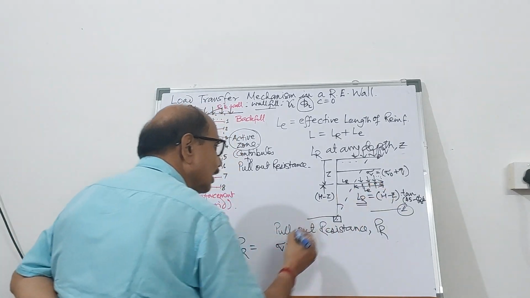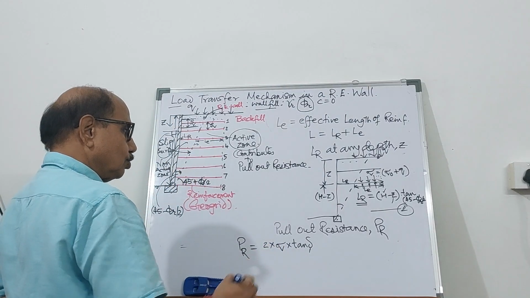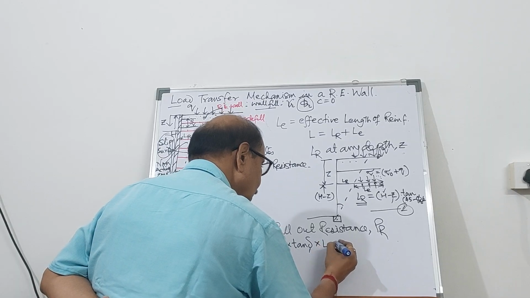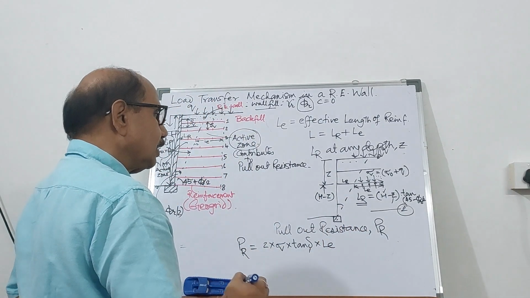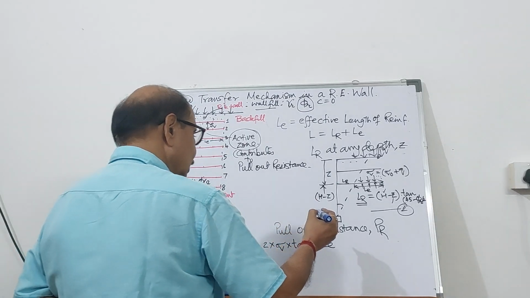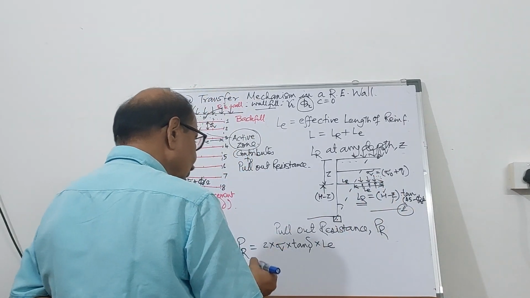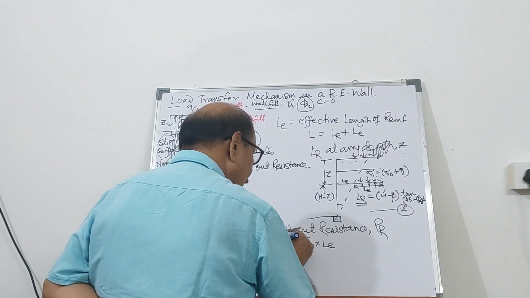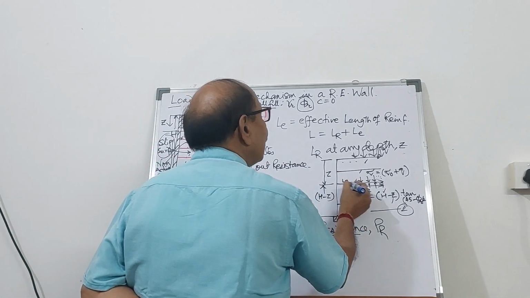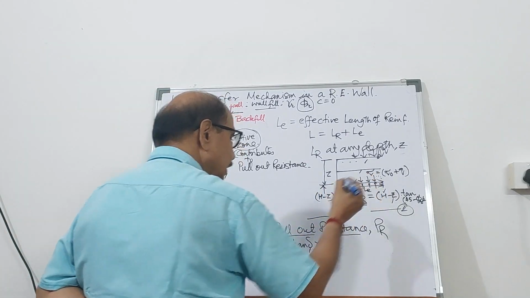Because it is acting at both the surfaces, you multiply it by 2. So this is multiplied by length LE, which offers the pull-out resistance. This zone doesn't offer any pull-out resistance. So pull-out resistance comes from LE.